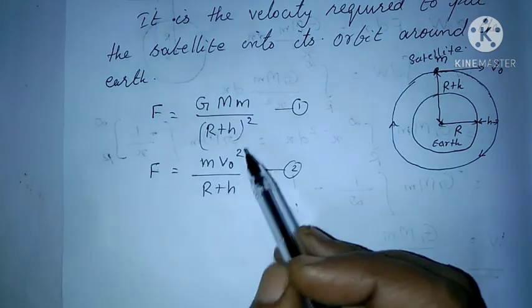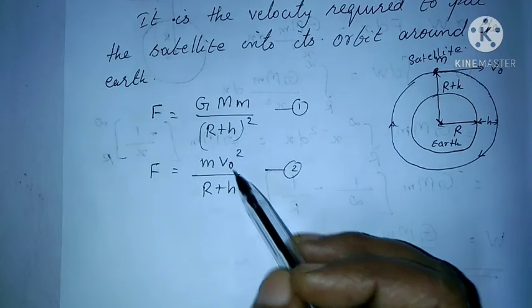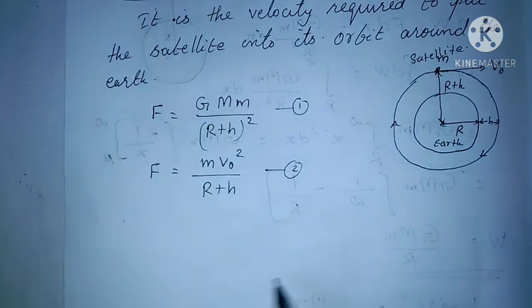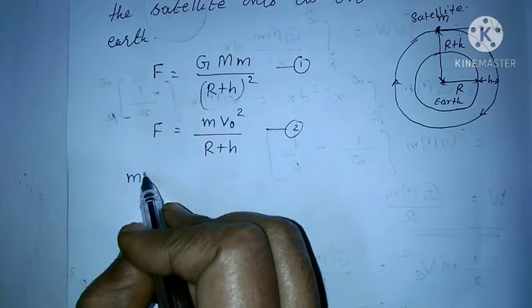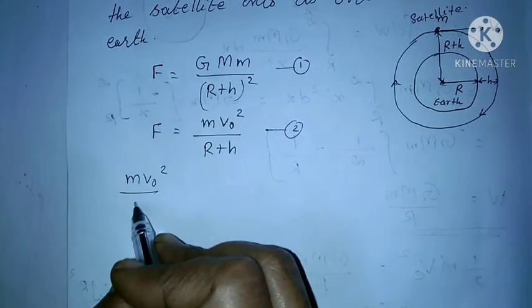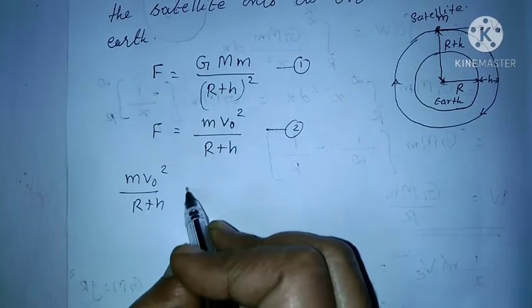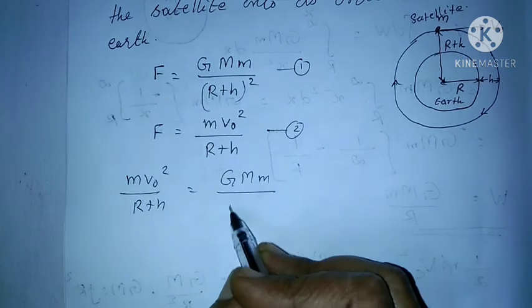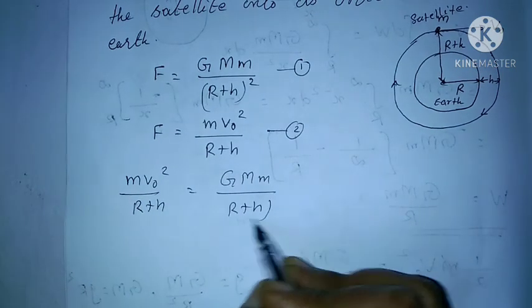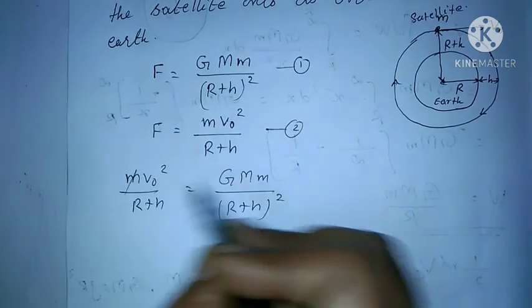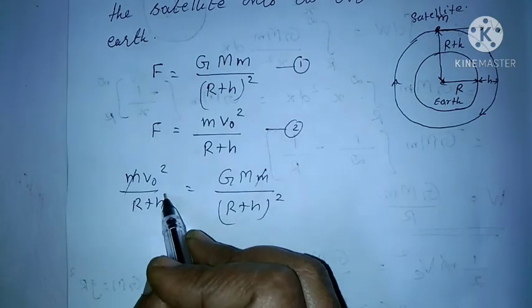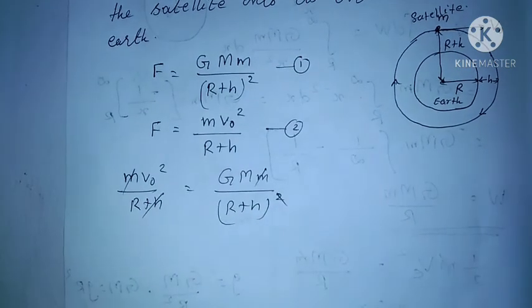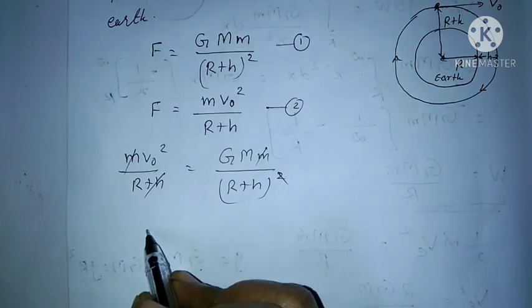Then in the equilibrium position, these two equations are equal. So we can write m v0 square divided by R plus h equal to G capital M small m divided by (R plus h) the whole square. There small m and small m we can cancel, then R plus h and one R plus h we can cancel. Then what is remaining here?